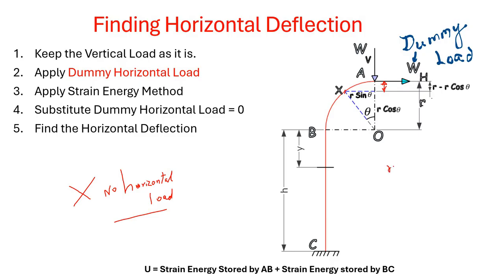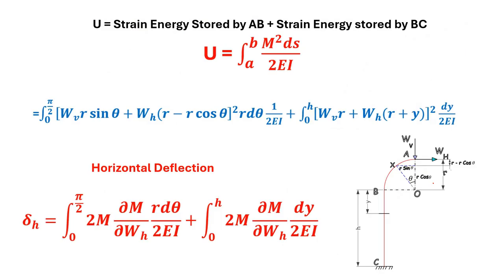Then if you take r outside, r into 1 minus cos theta. So this is going to be the lever arm distance for the load WH. So with this, we enter into the strain energy methodology.